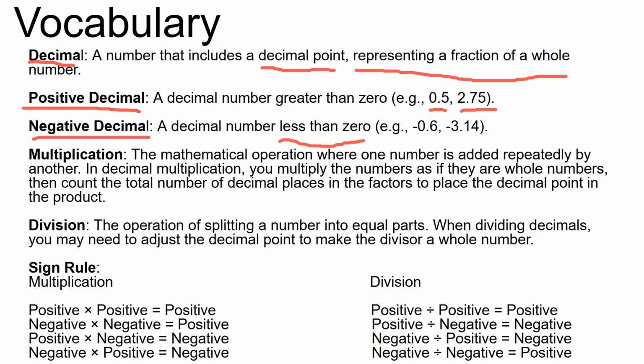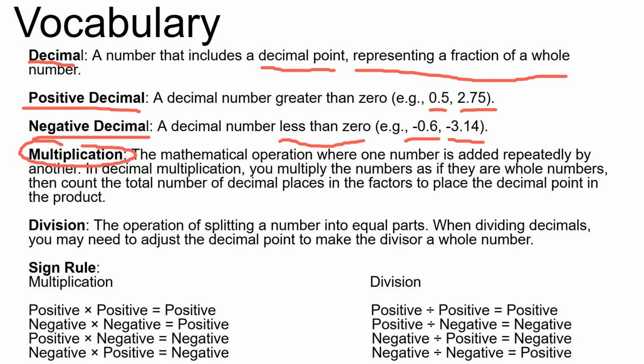Our examples are negative 0.6, and then we also have negative 3.14.